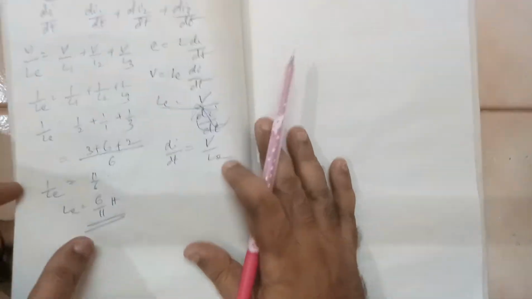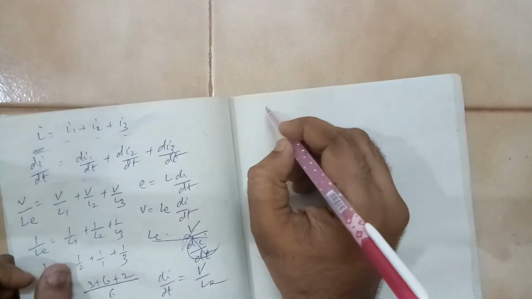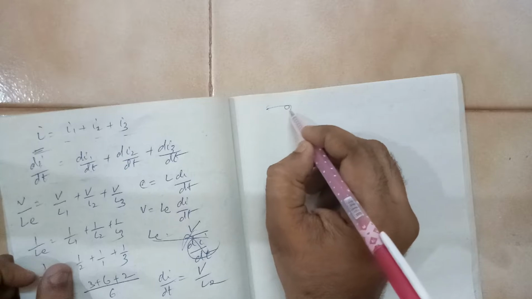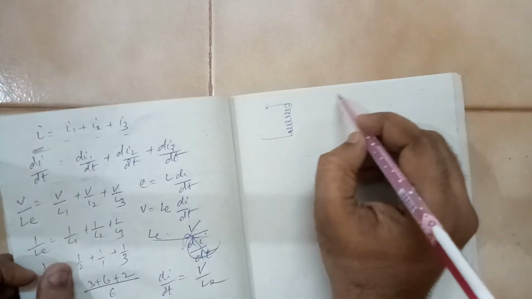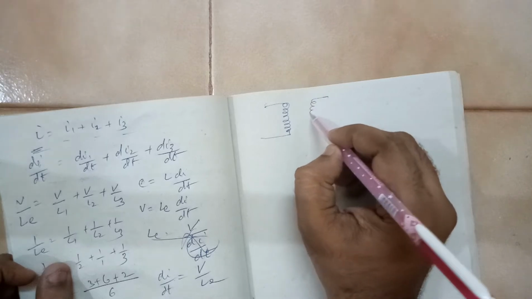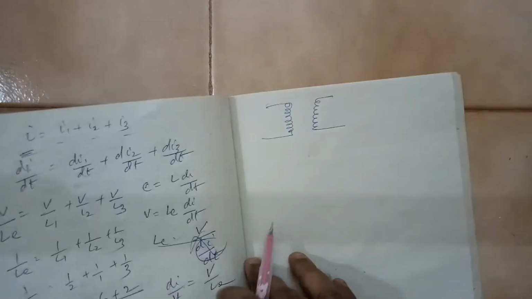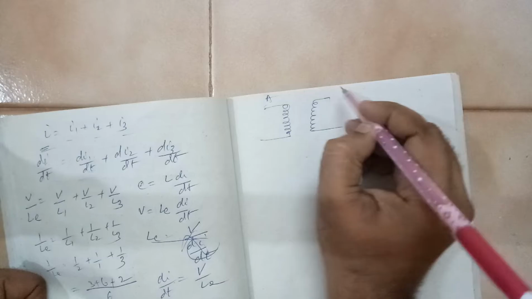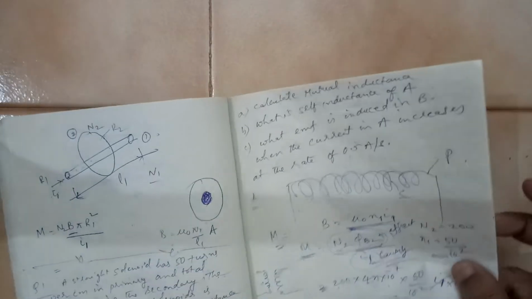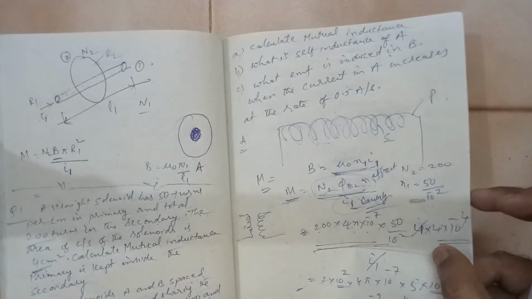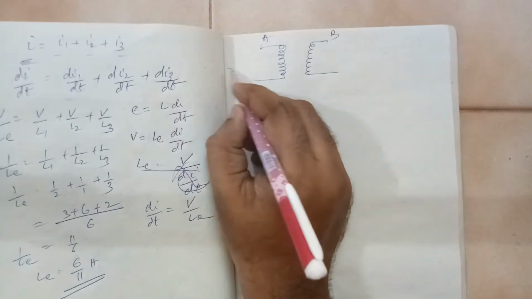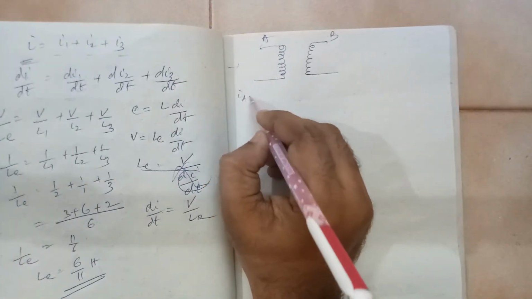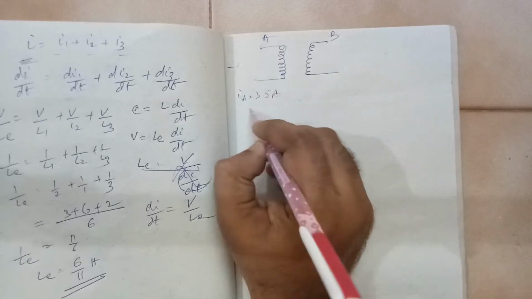So let us draw a diagram. There is a situation like this. There is a solenoid like this, another solenoid like this. We'll call this A and B, and they are closely spaced apart, and here current IA is given as 3.5 amps.